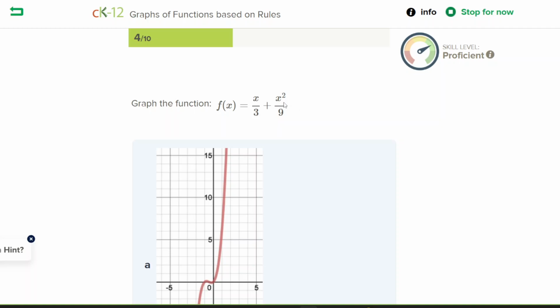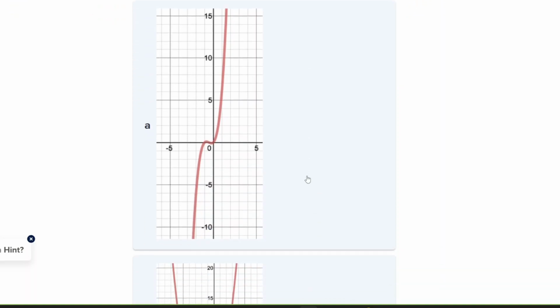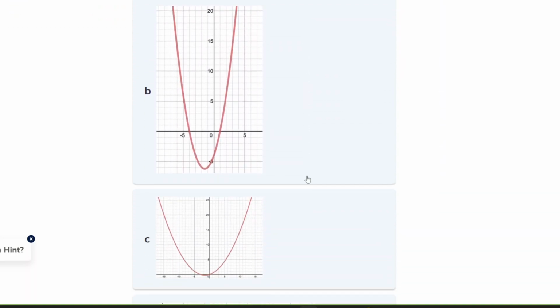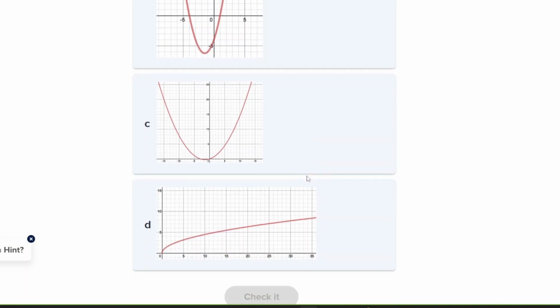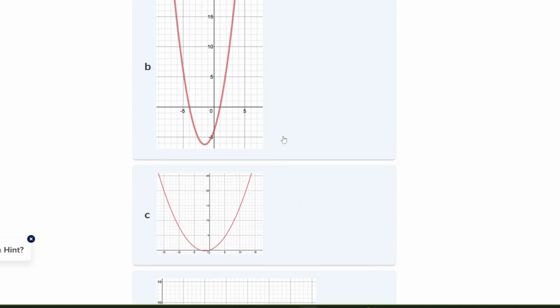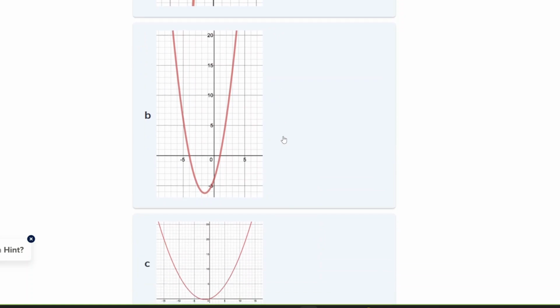Based on that, I've got an x squared with a positive coefficient, positive 1/9 here, as the highest powered term. I know from experience that this will be a parabola, one of those U-shaped graphs that's opening up. So not A. So it might be B, it might be C.